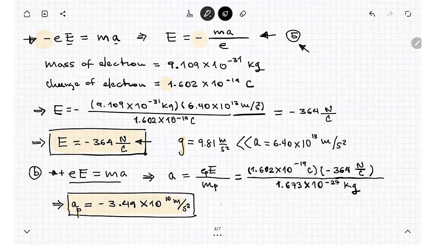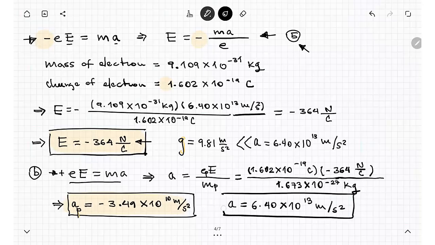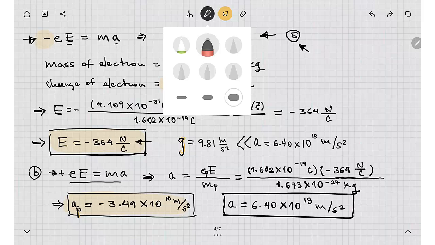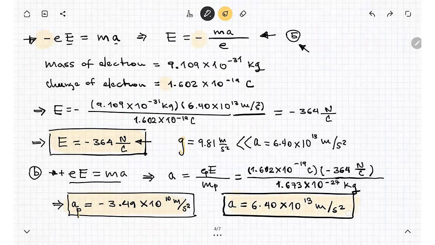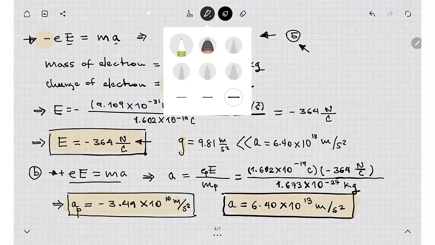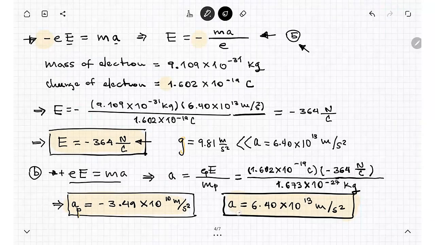And the acceleration of the electron is 6.40 times 10 to the 13 power meters per second squared, much higher than the acceleration of the proton.